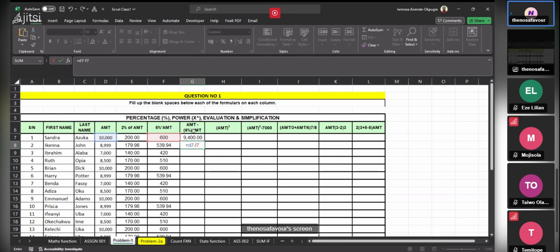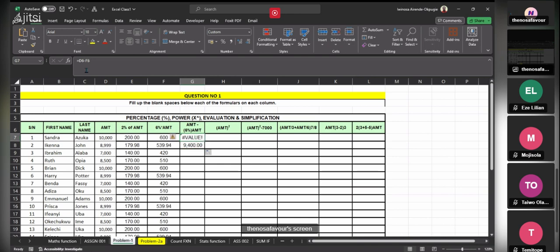And here, this column says amount minus 6%. Since we have already figured out what 6% of the amount is, all you need is to just say amount minus this. Did you get that? Hello? Are you there? Yes, I'm here. Yes, I did. Good. So if you say enter, we still get the same answer.